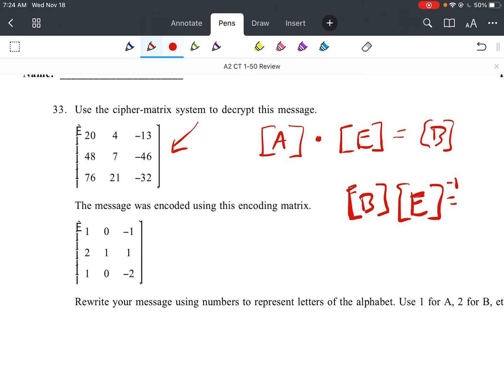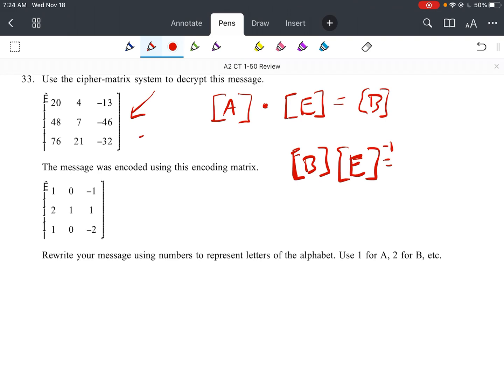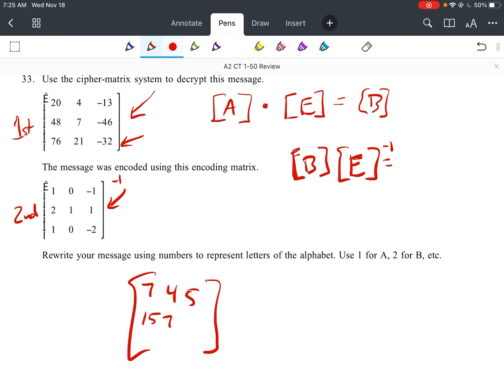Now, when you plug that in, put this one in for B in your calculator, or A, or whatever you want, and then put this one in for another one, and you can pick any of those names you want, but you're going to do this one first, and then do this one second, and then do the little inverse sign on it, and then hit enter, and you'll get a matrix, and I'll just save you the time here: 7, 4, 5, 15, 7, 19, and 15, 21, 19.